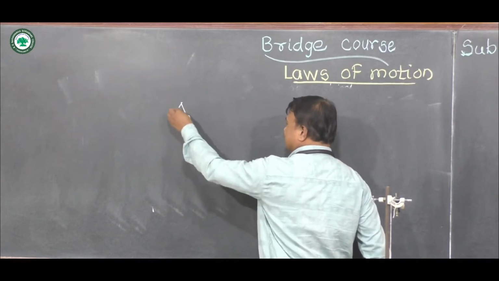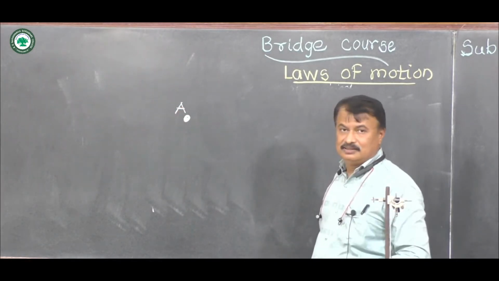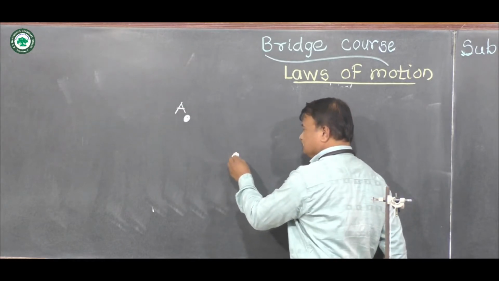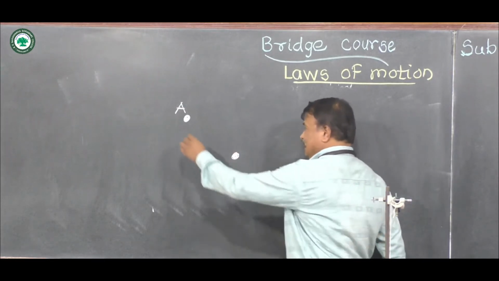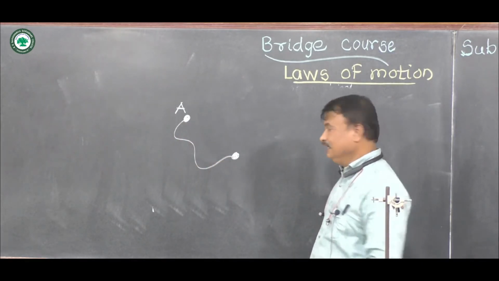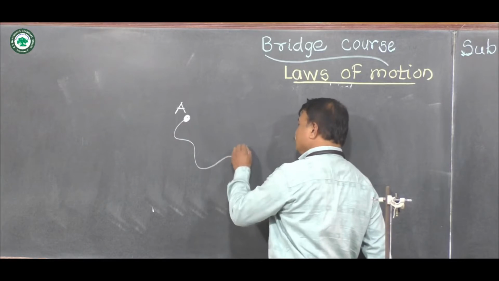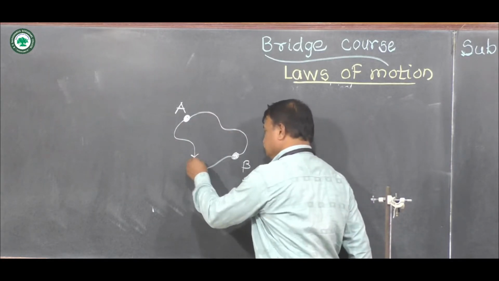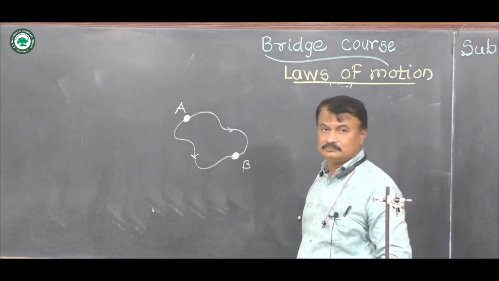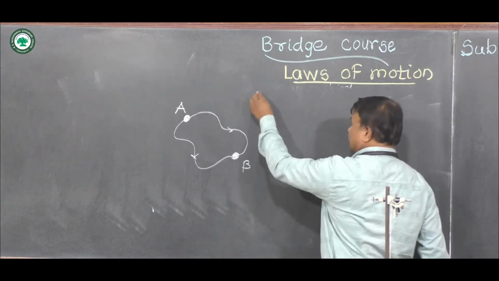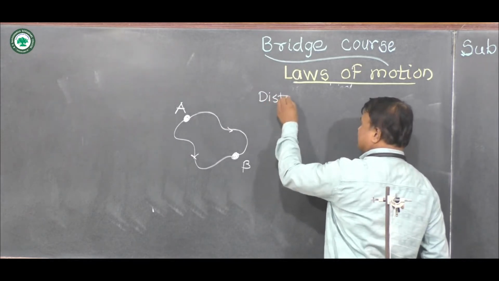An object is moving from A to B, as in this path, and again it moved from B to A in this path. Then what is distance?